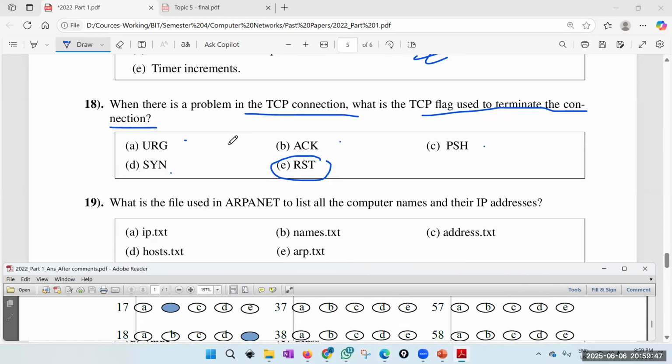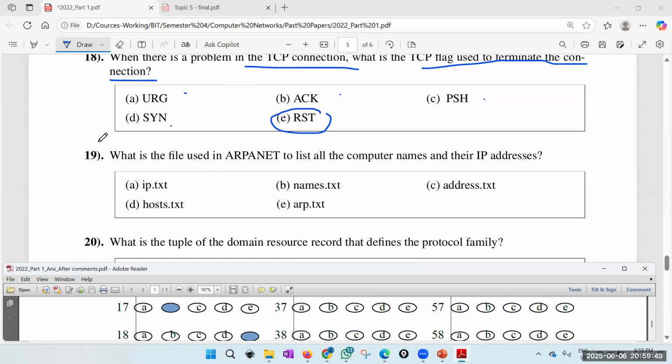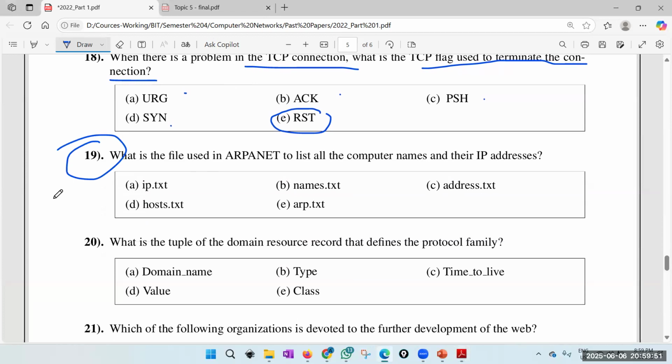So we discussed that. Okay, this is a funny question. I don't know why the examiner is asking this kind of question. What is the file used in ARPANET? ARPANET was built somewhere around 1969 to list the computer names and their IP addresses, in the good old days, 1960s and 70s, so that they can route the data.